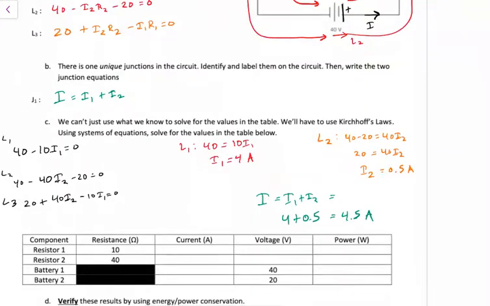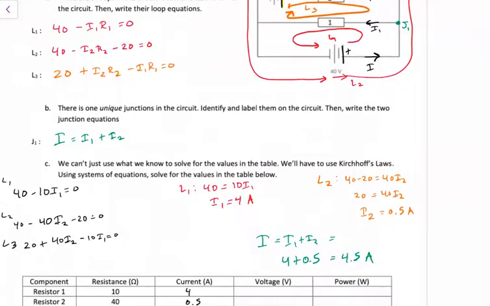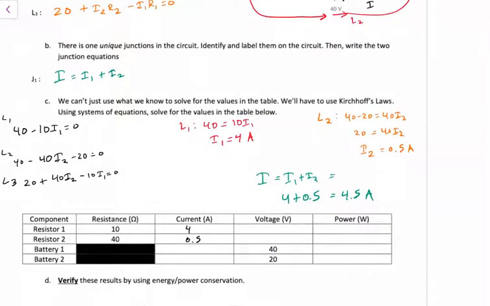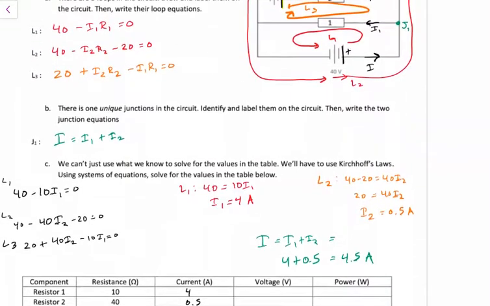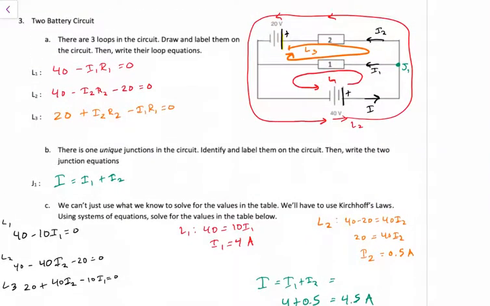Let's plug these values into this table. I1 is equal to 4 amps, I2 is equal to 0.5 amps, and the total current I is passing through the 40 volt battery, so this is 4.5 amps. I also know that my current I2 is the same current passing through this battery because they are in line.